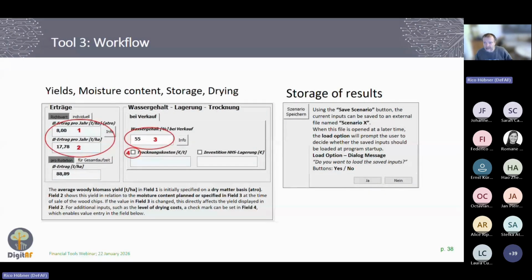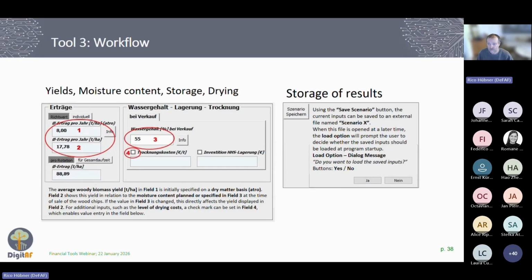Similarly, here is a more detailed view of the model when it comes to the yields. For example, here is the yield of wood chips. That is the average yield per year in tons per hectare. In this case it's 8 tons, but you can also put in 12 or 15 tons.